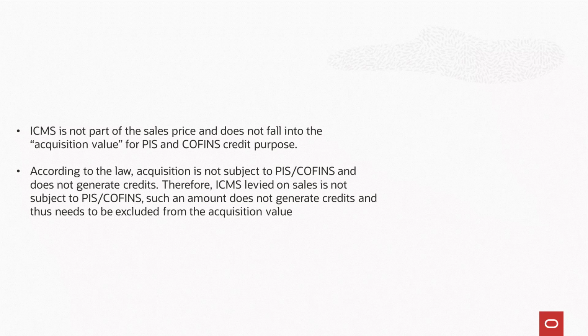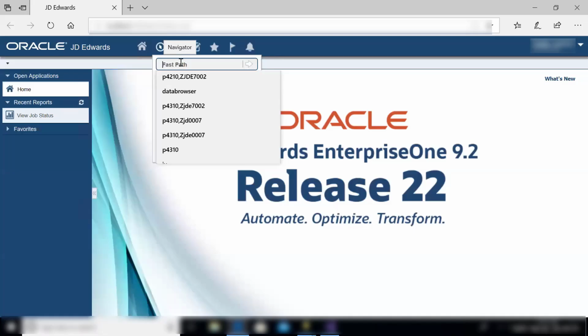According to the law, acquisition is not subject to PIS-COFINS and does not generate credits. Therefore, ICMS levied on sales is not subject to PIS-COFINS. Such an amount does not generate credits and thus needs to be excluded from the acquisition value. J.D. Edwards Enterprise 1 system supports this change as of Release 9.2.